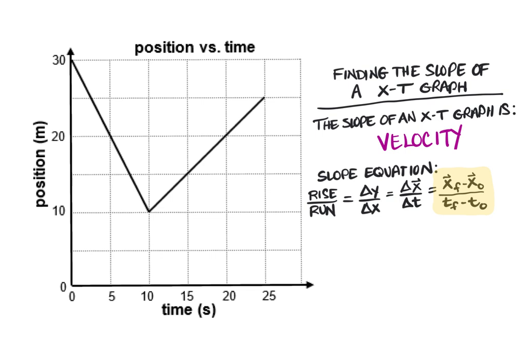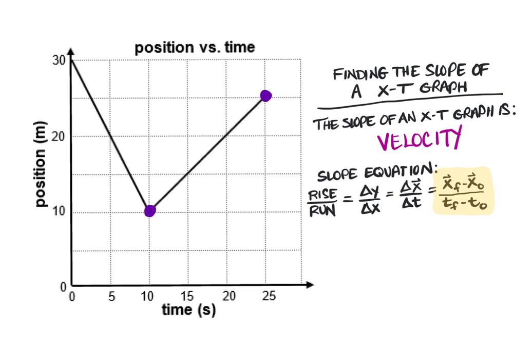For example, let's take a look and figure out what the velocity of this object is between 10 seconds and 25 seconds. Now remember, the slope equation is rise over run, and that's the change in the y values divided by the change in the x values.